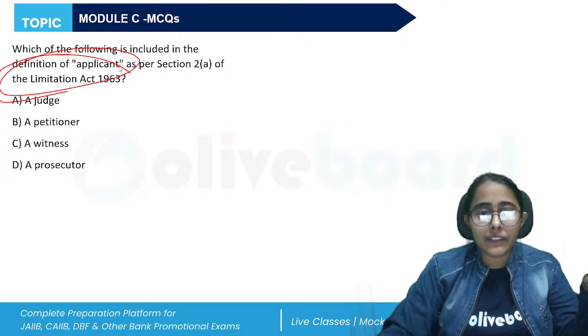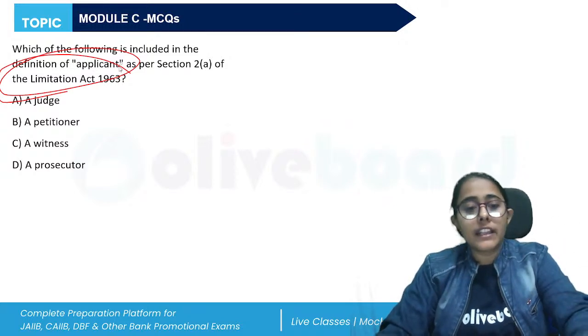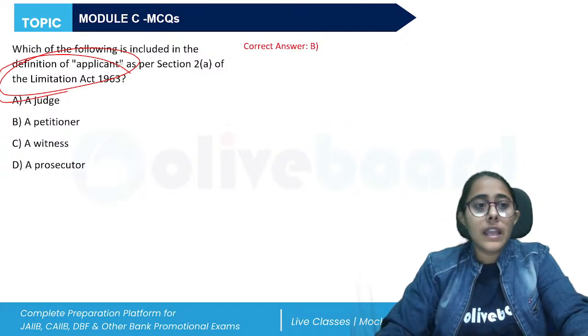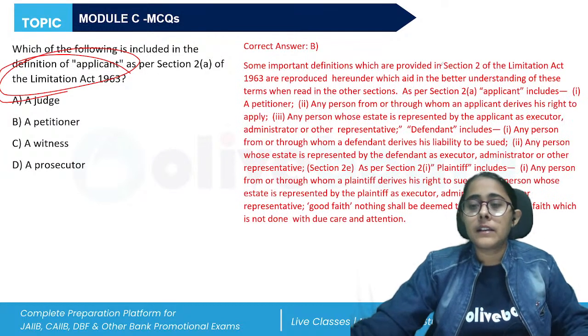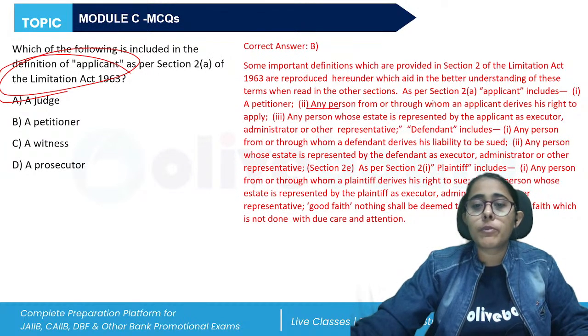All of these things are given, and the applicant definition includes the petitioner, any person from whom or through whom an applicant derives his right to apply, any person whose estate is represented by the applicant as the executor, administrator, or the representative.